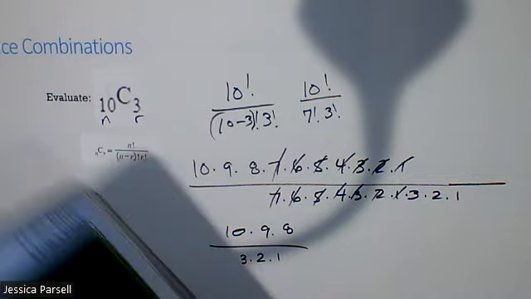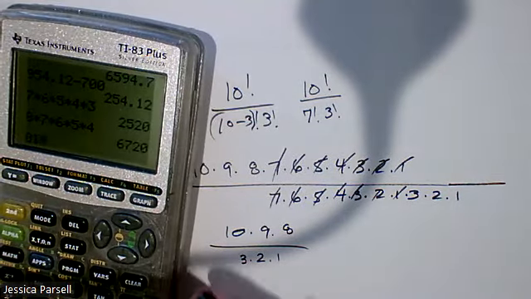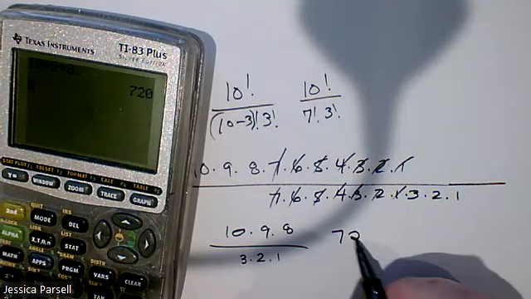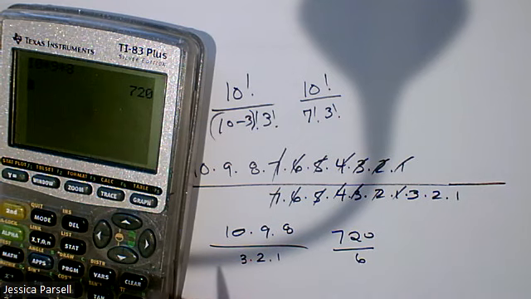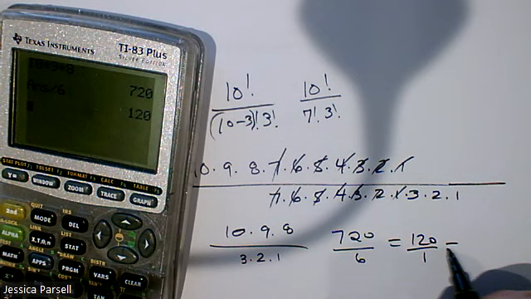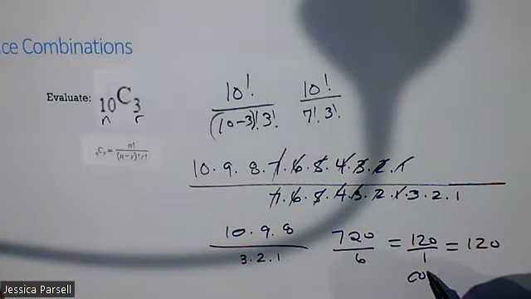Let's figure out what that is. So I got 720 up top divided by 6. Let's cut that into 6 pieces. And that leaves us 120 over 1, or just 120 combinations.